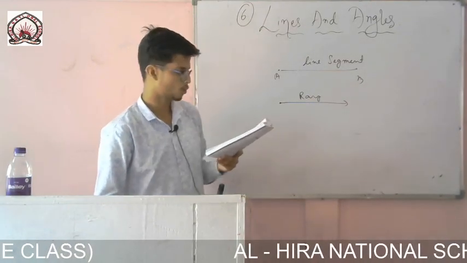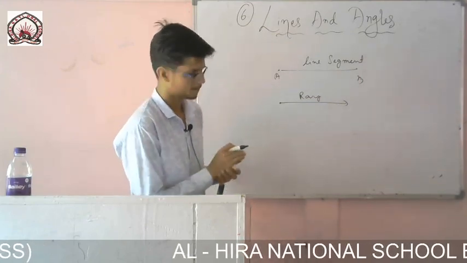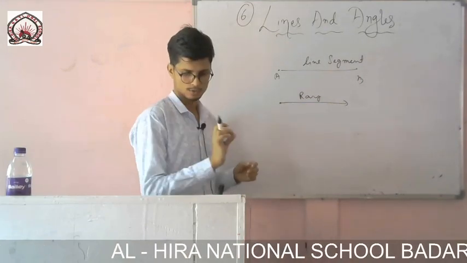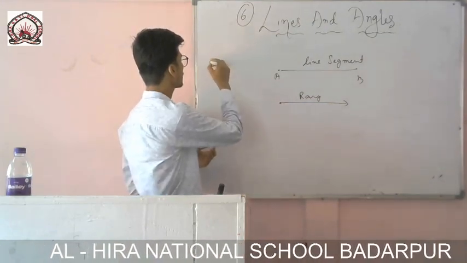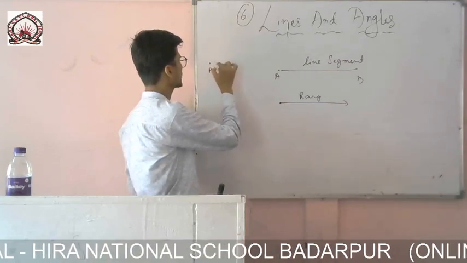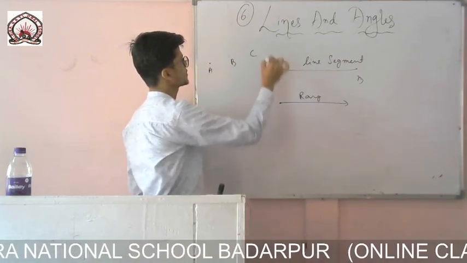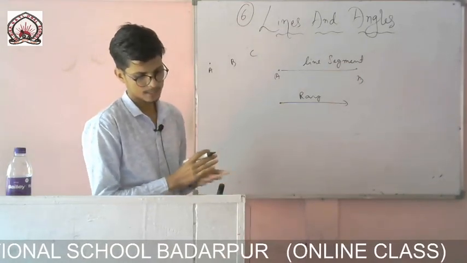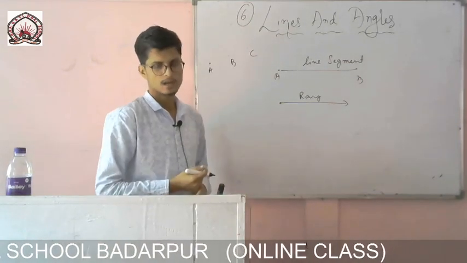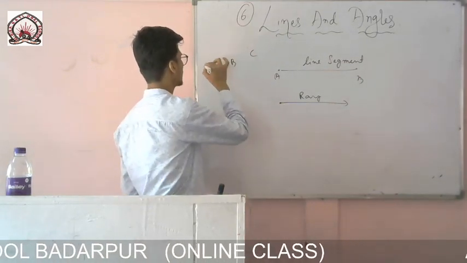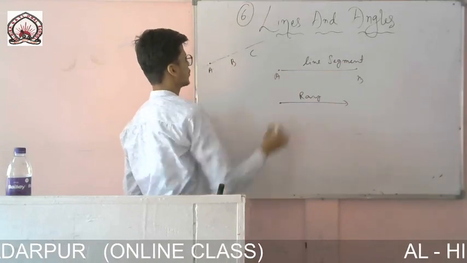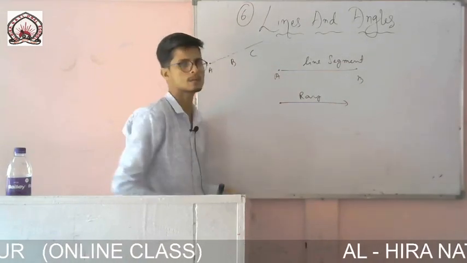Then collinear. Okay. So try to understand this one. If 3 points are there, let me name them A, B and C. If 3 or more points lie on the same straight line, if I draw a straight line and it passes through all the 3 points, that means they are lying on the same straight line.